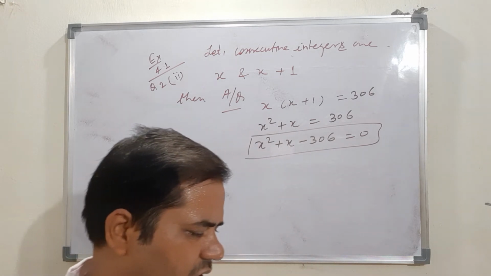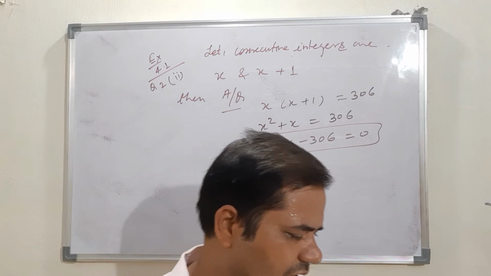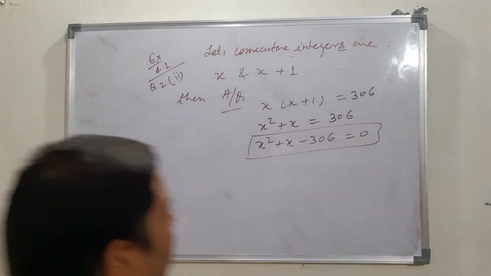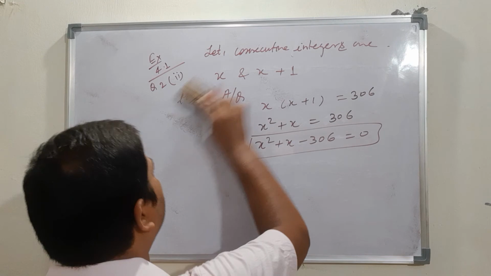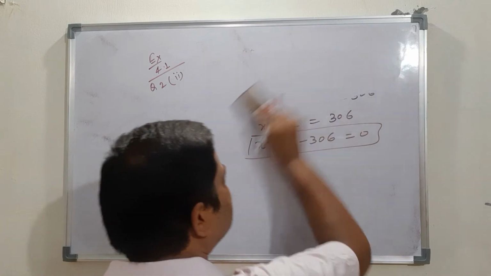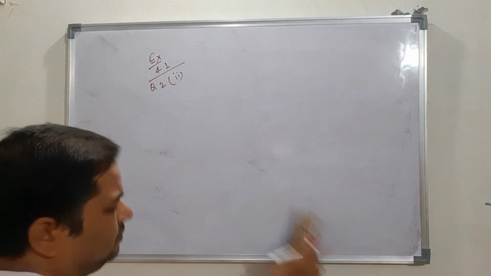Now the third one. Rohan's mother is 26 years older than him. Question number 2, third part.